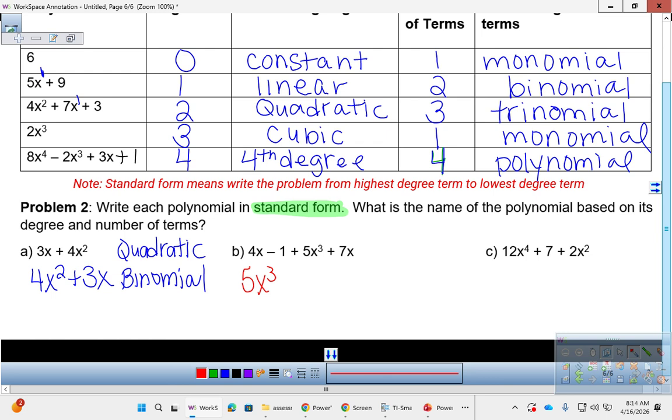Now there is more than one of them, so I'm going to need to combine them. 4x plus 7x is 11x, so I'm going to write 11x here. In standard form, we go in descending order and combine like terms when possible. And then at the very end is going to be my degree 0 term, my constant, which is the minus 1.